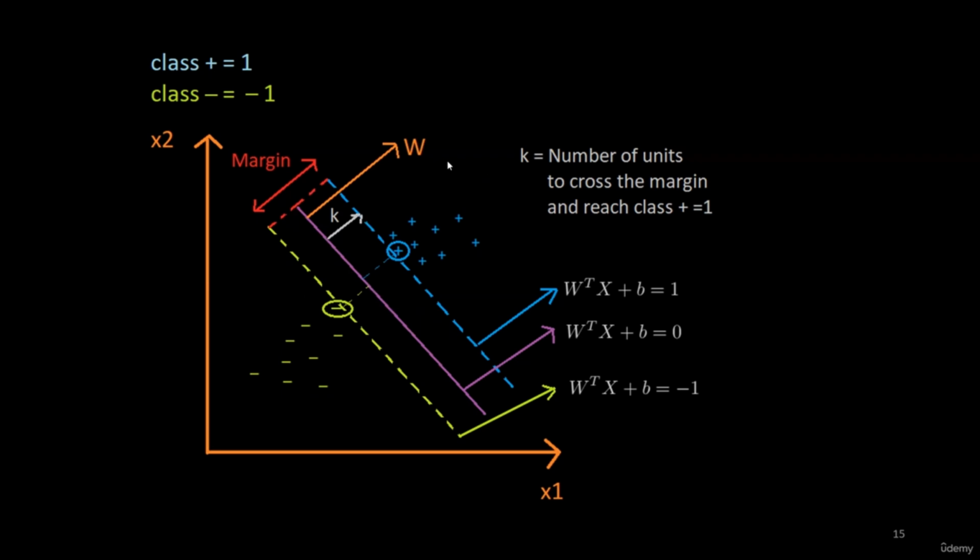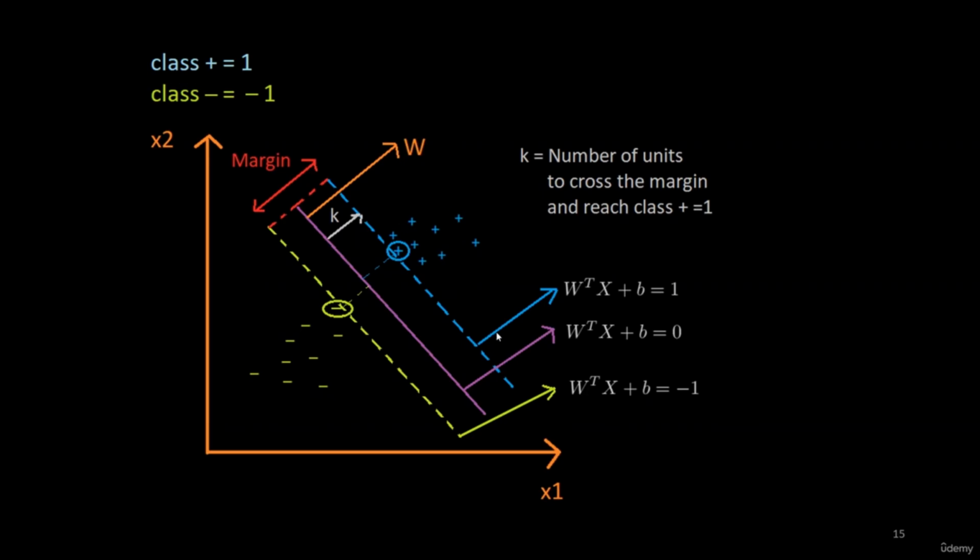Please concentrate on this. If some point like xa and xb is on the decision boundary and it wants to be classified as class 1, or class positive, it has to move in this direction and travel k, and it has to cross this positive hyperplane so that it can become class 1.